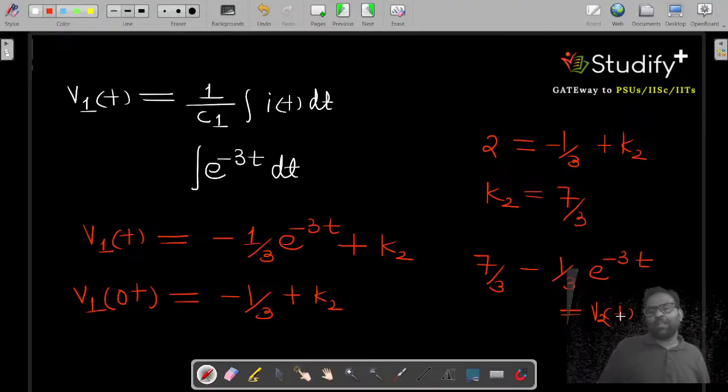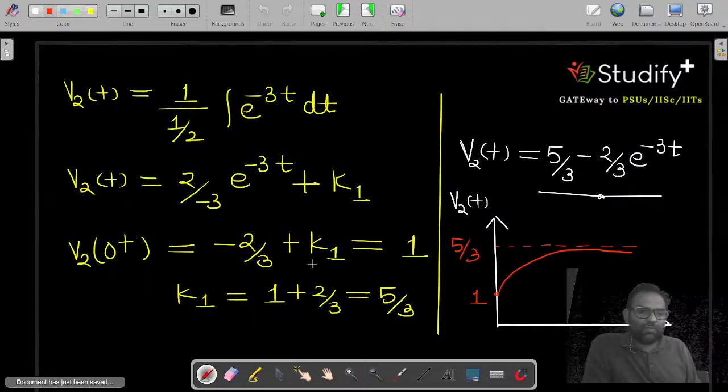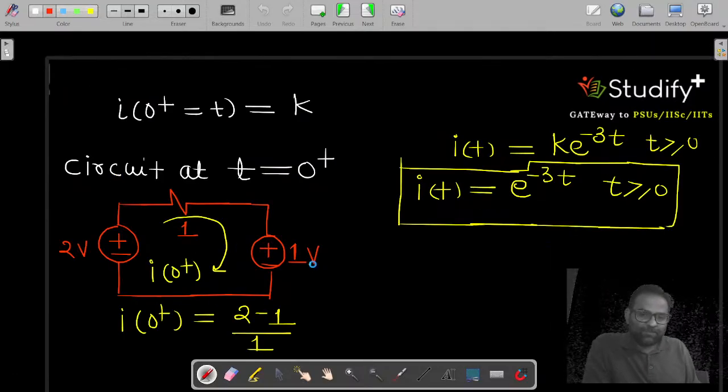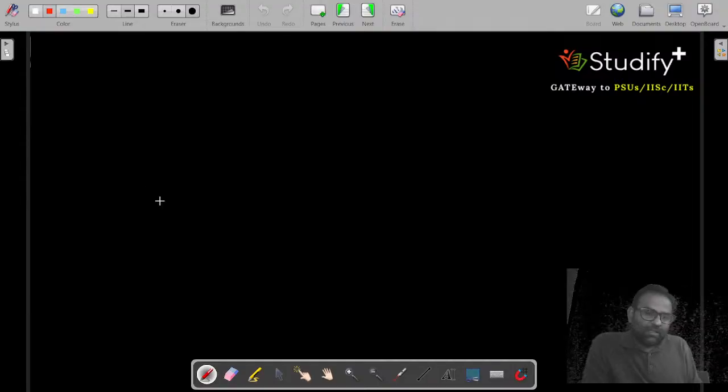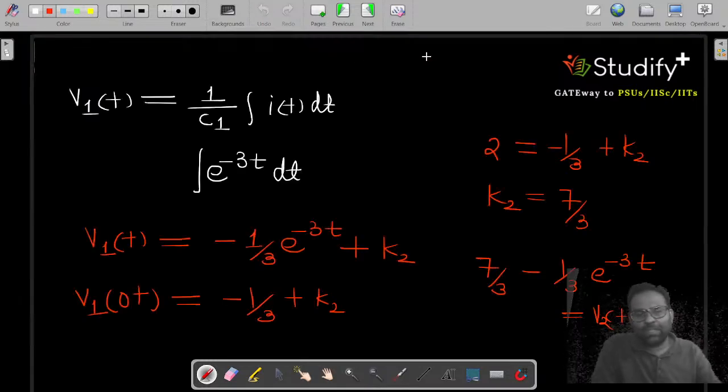V1(t) is also charging from some point to some point, meaning at infinity it will reach 7 by 3. And if you ask, sir, what is the voltage across the resistance, that also we can calculate. If I call that voltage VR, what is VR? 1 into i(t), which is e to the power minus 3t for t greater than or equal to 0.